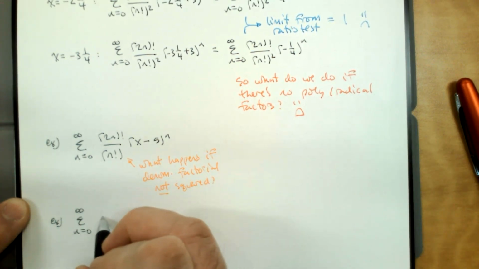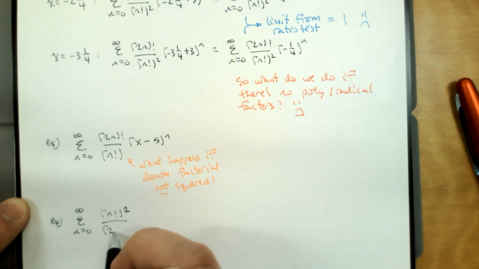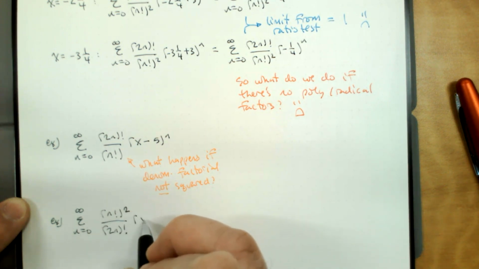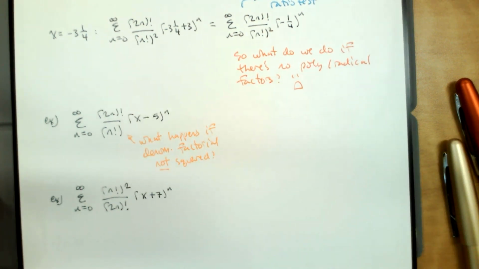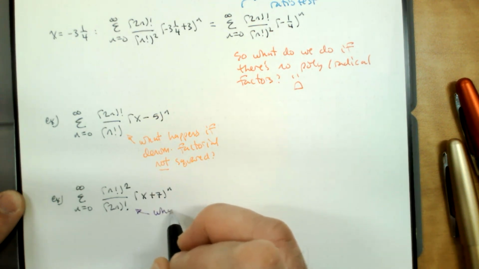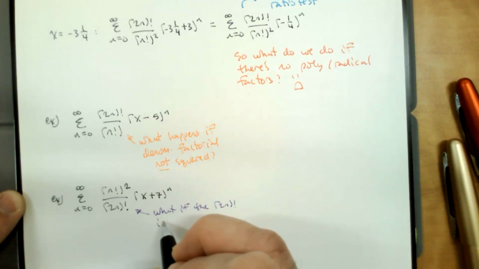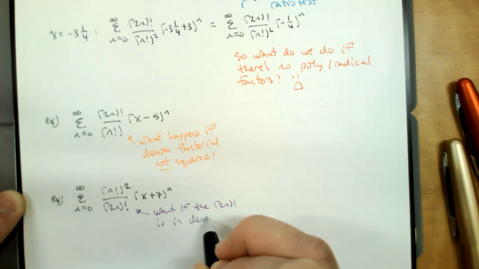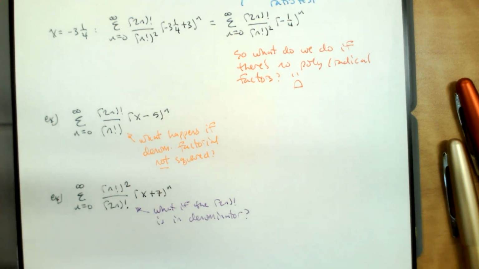What if I flip things over and put the n factorial squared in the numerator? And what if we run the 2n factorial into the denominator? What if this is what our power series looks like?